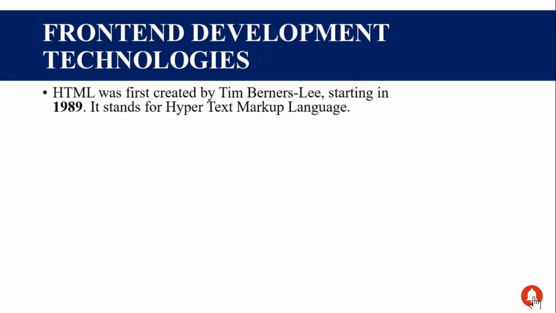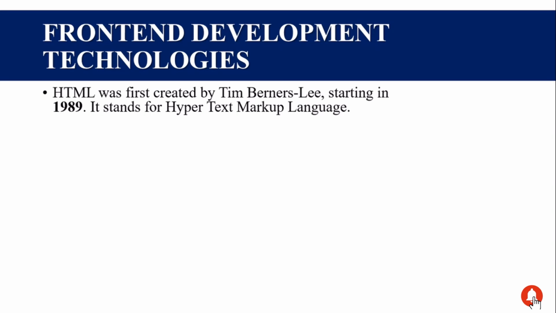HTML was created by a team starting in 1989. It stands for Hypertext Markup Language. It is a markup language, not a programming language. Some authors don't even call it a programming language, but some people like to call it a programming language. But here is a clear definition.